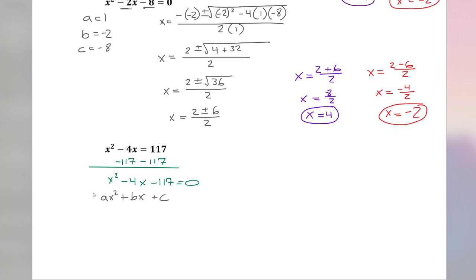And then knowing that our a value is 1, our b value is negative 4, and our c value is negative 117, we're then going to plug that in to x equals, and the tune, and I am tone deaf, is usually, my algebra teacher taught me, x equals negative b plus or minus the square root of b squared minus 4ac all over 2a.